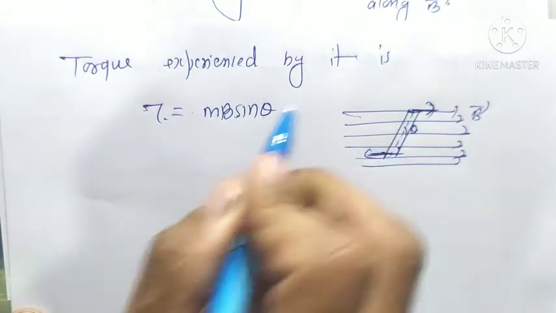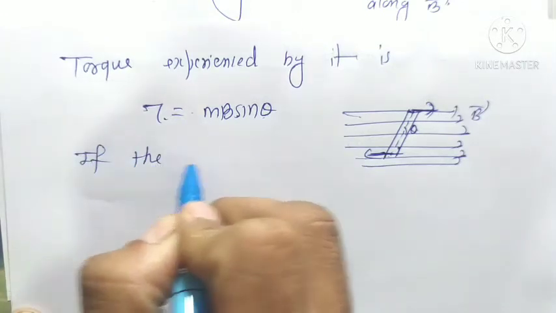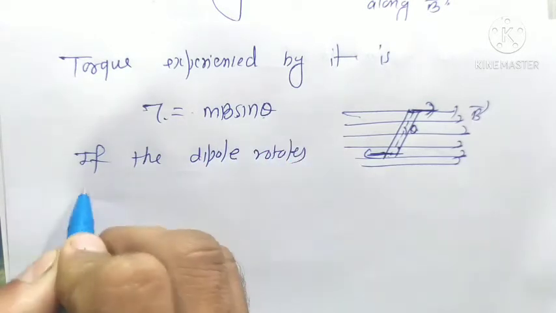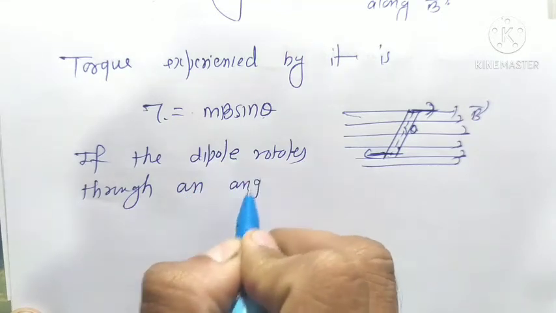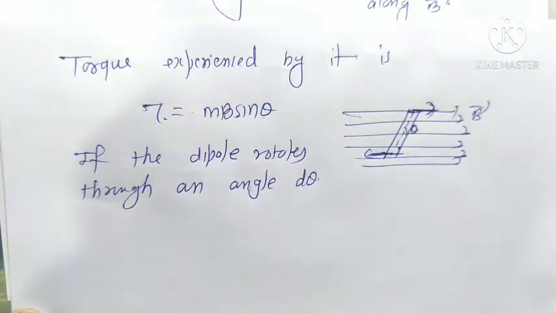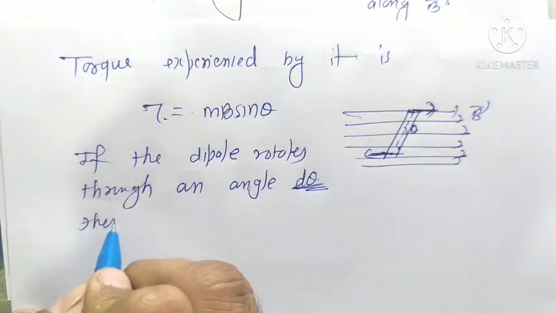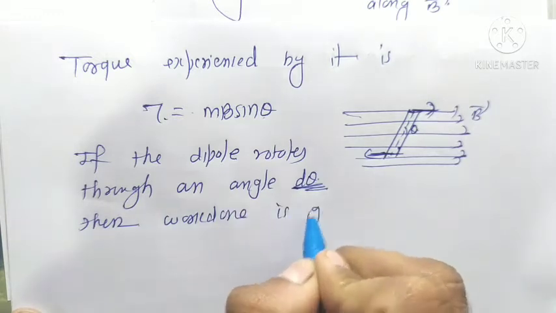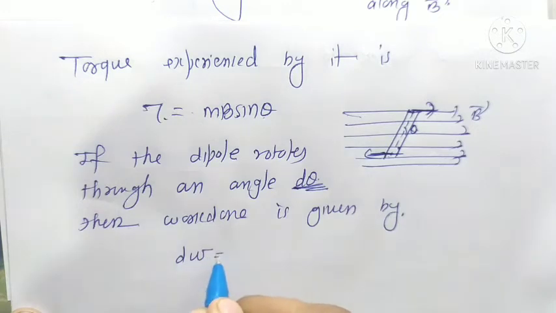So torque is equal to MB sin theta. If this dipole rotates through a very small angle d theta, then the work done is given by dW is equal to torque times d theta.